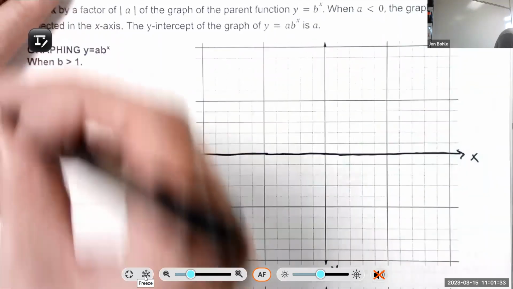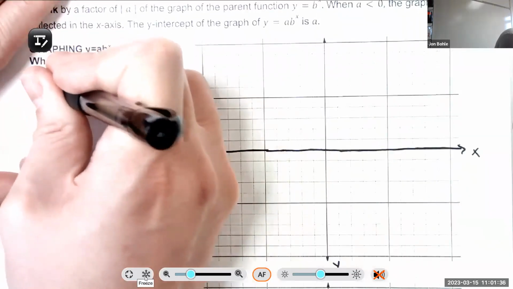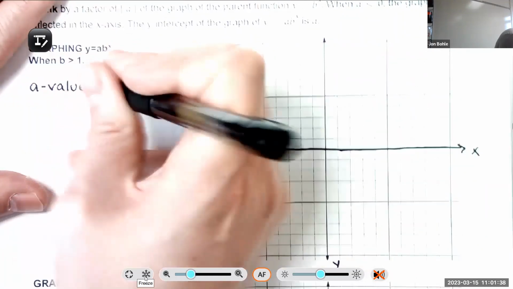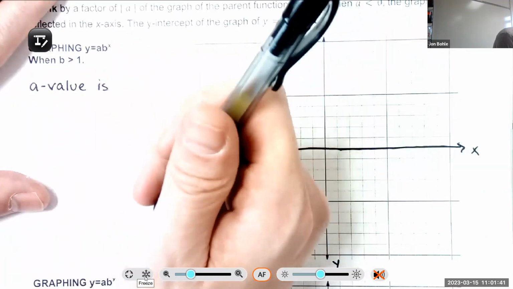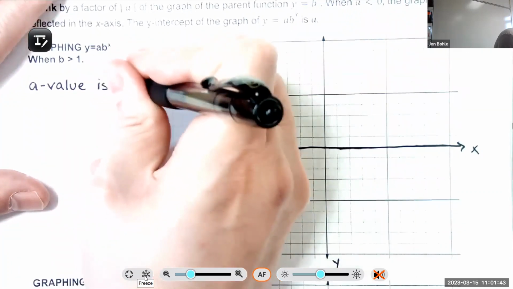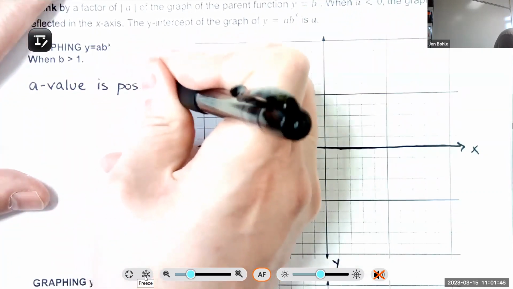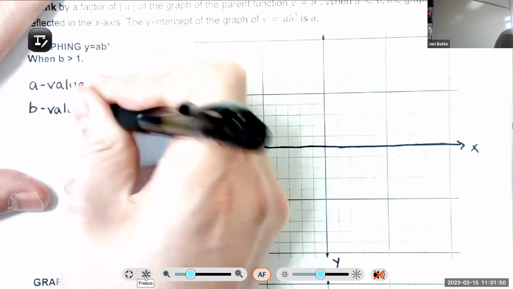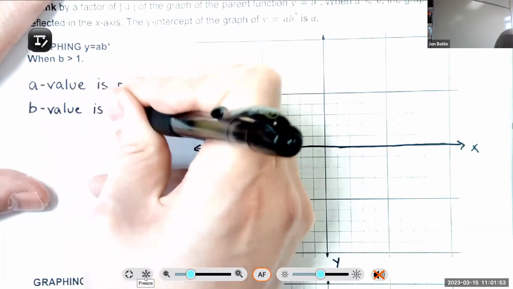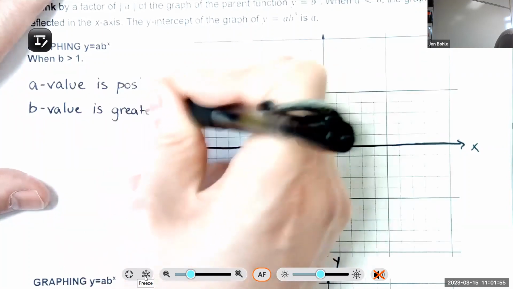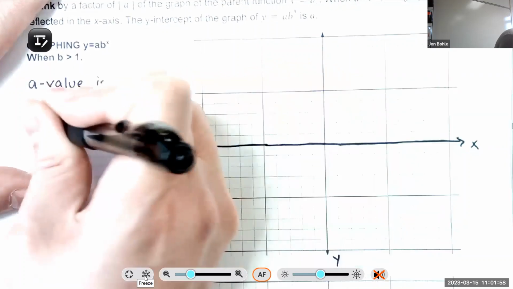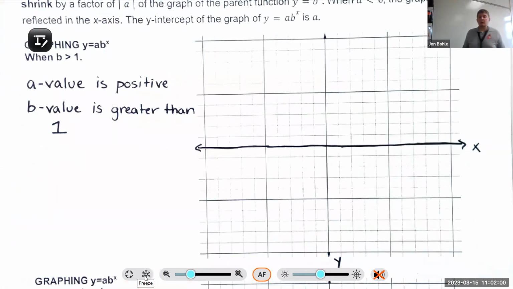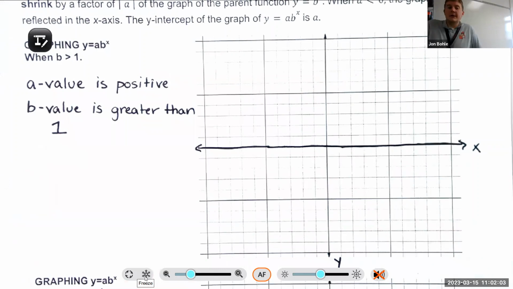What I want to talk about first is when the a value is positive. I want to talk about what the graph looks like when the a value is positive and the b value is greater than 1.